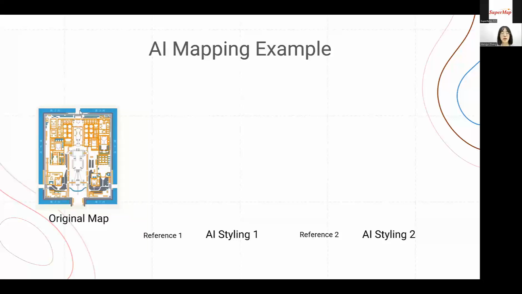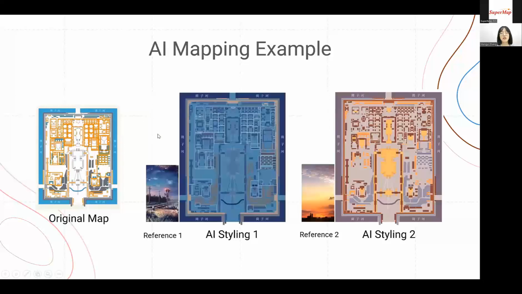It is a map that uses a uniform style, and then we can use two reference pictures here, as you can see, and based on each of these reference pictures, AI mapping could automatically assign colors to different layers, so as to make the color scheme of the whole map similar to the color scheme of these reference pictures.